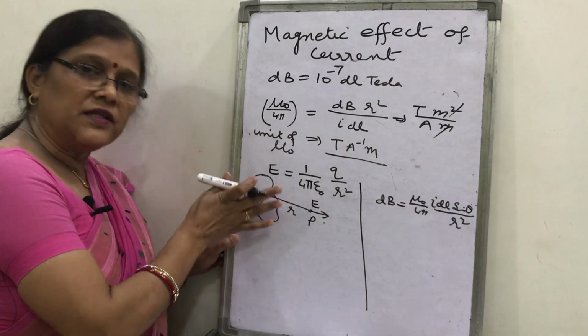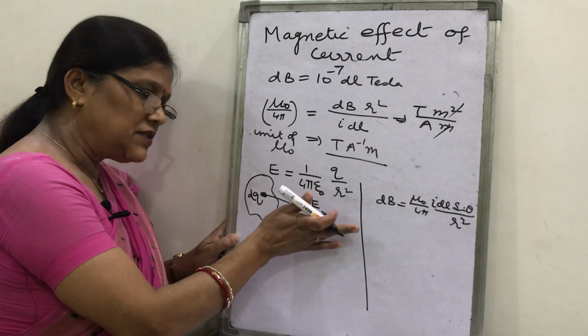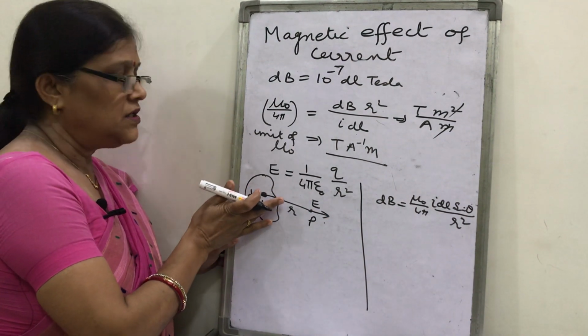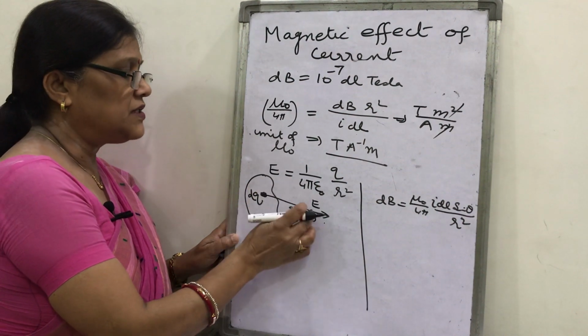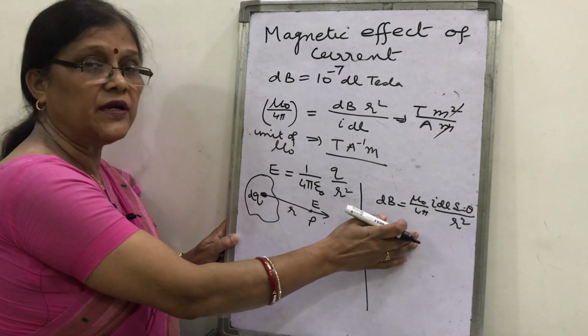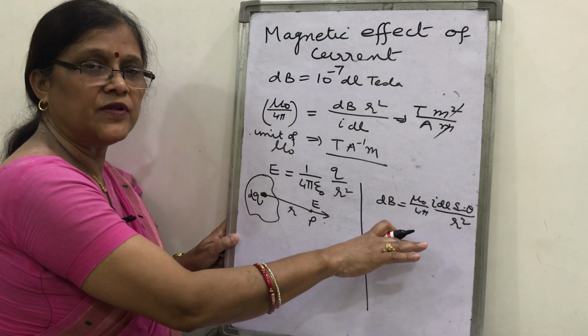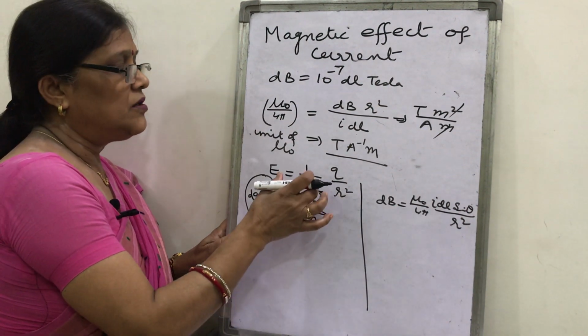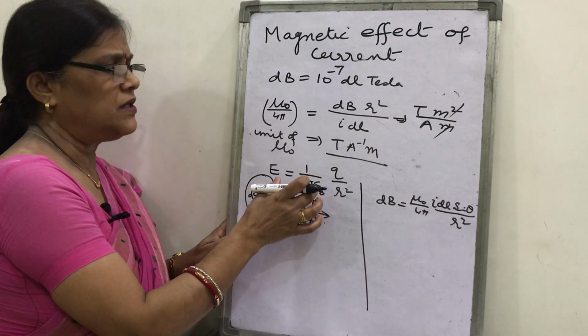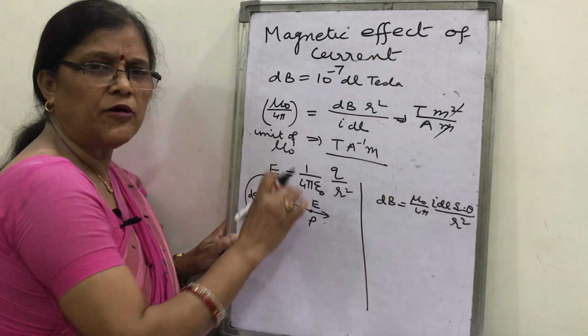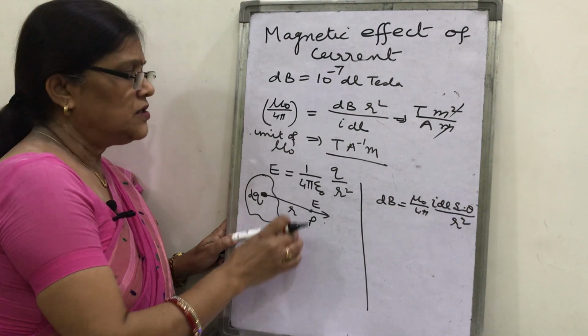The electric field is in the direction of r if dq is positive, while the magnetic field is in the perpendicular plane. So how can you compare Biot-Savart's law with Coulomb's law, or the electric field with the magnetic field?